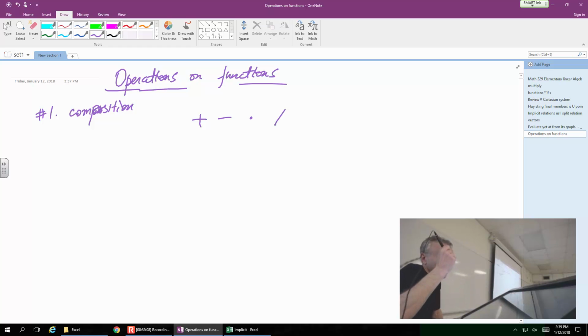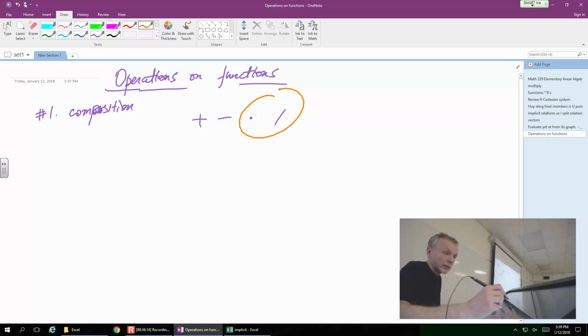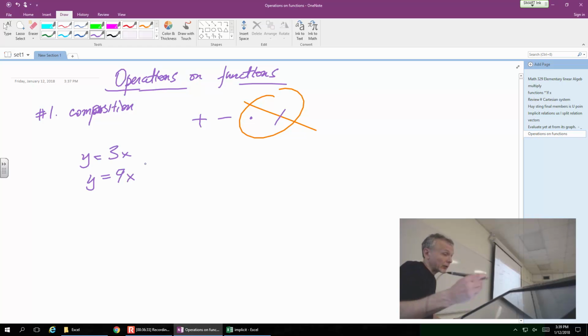Like I said, we're not going to be doing this, at least not entirely, because division, and multiplication too if we're not careful, will take us away from linear functions. So, for example, y equals 3x and y equals 4x. It is okay to add them together.